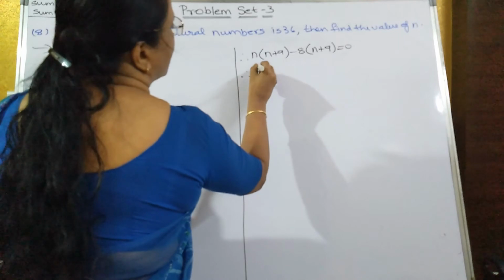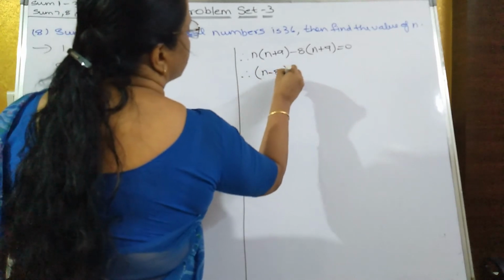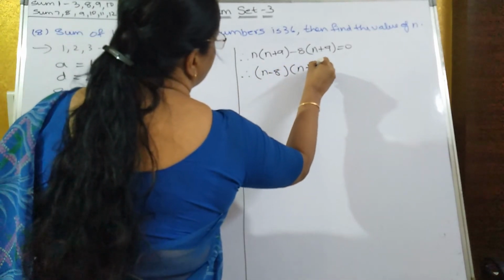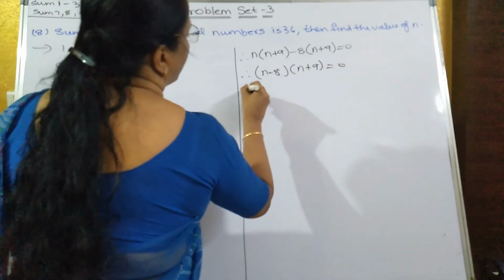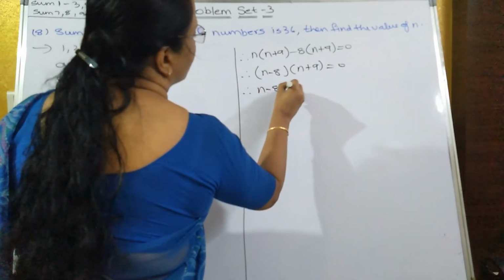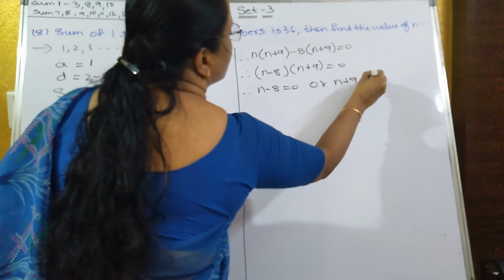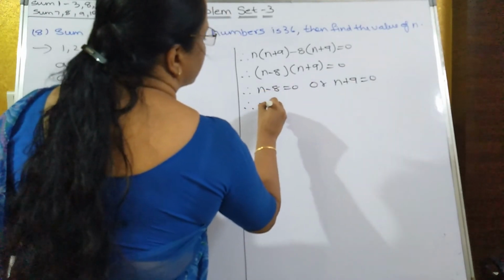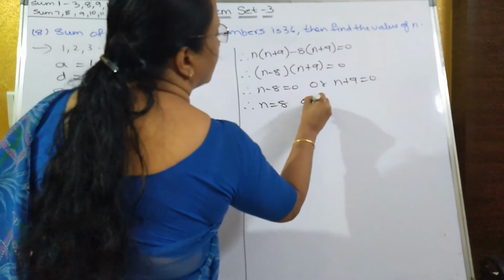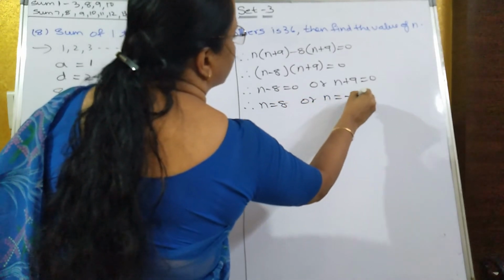Therefore what are the two factors? N minus 8 and n plus 9 is equal to 0. Therefore n minus 8 is equal to 0 or n plus 9 is equal to 0. Therefore n is equal to 8 or n is equal to minus 9.